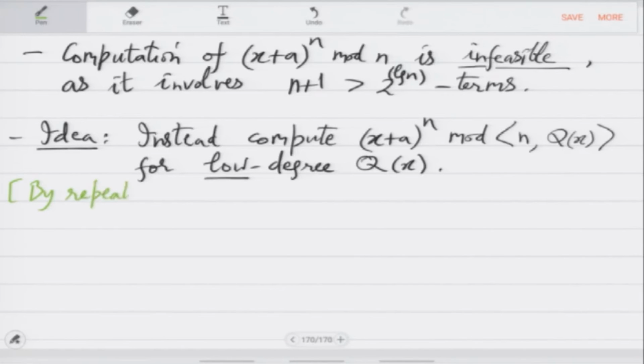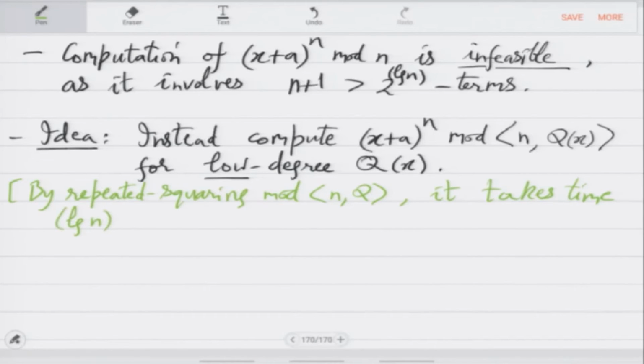So by repeated squaring mod n comma q, it takes time. So you will be doing squaring log n times, and each time you are just multiplying two things, mod n comma q(x).